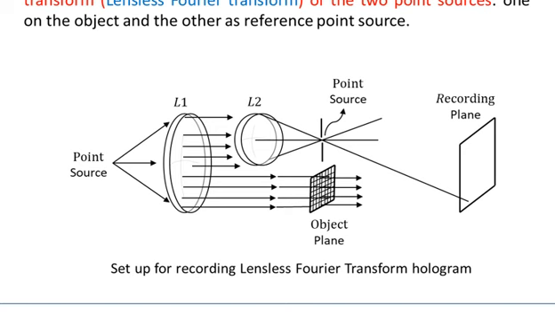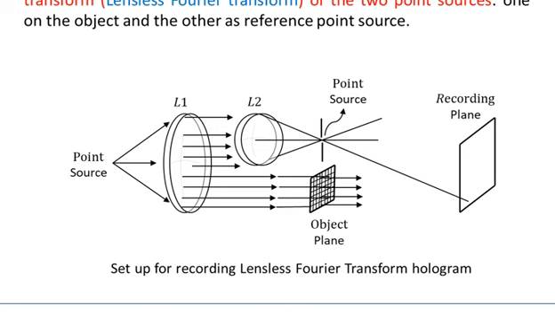A pinhole aperture is placed there in order to clean the beam, and this beam then diverges towards the recording plane. Only one ray of the reference beam is shown. This becomes a reference beam because it contains no information about the object in its path.